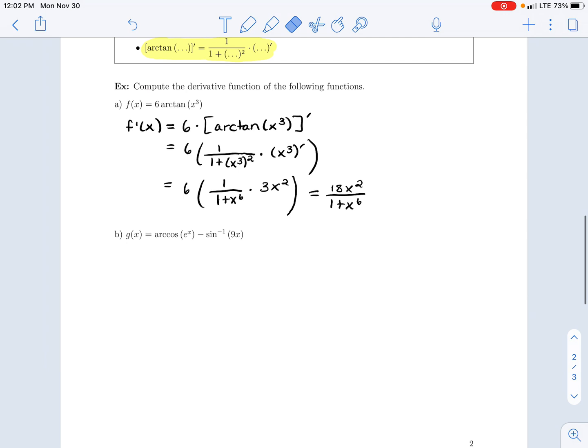Okay, looking at this next one in part B, what I should see is that this is a function minus a function. And so the derivative of that is the derivative of the first minus the derivative of the second.